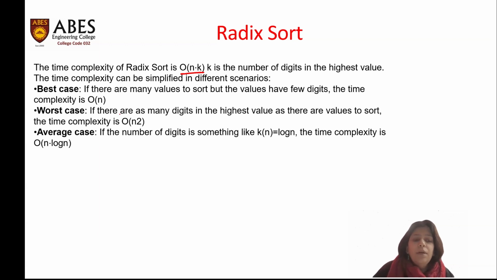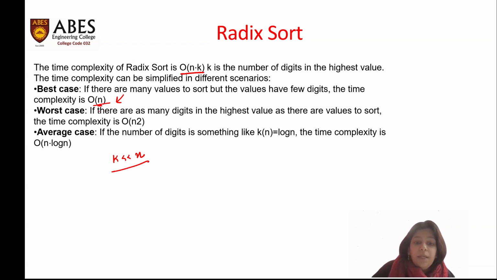So if we talk about the best case, worst case, and average case complexities of the Radix sort algorithm, we can say that it is O(n) if the number of digits in the input is very few with respect to n. If the value of k is very much less than n, then in that case the complexity can be represented as O(n), right?